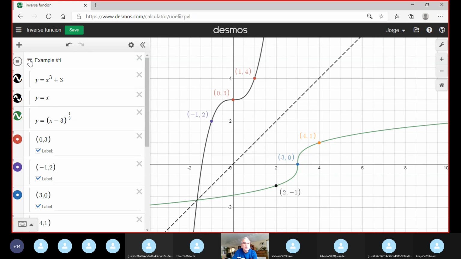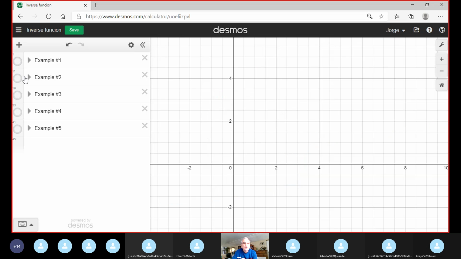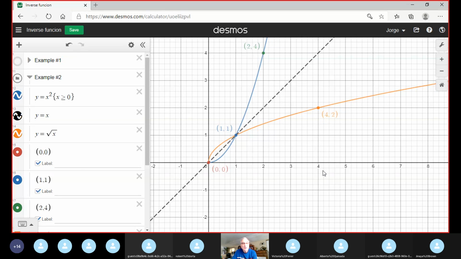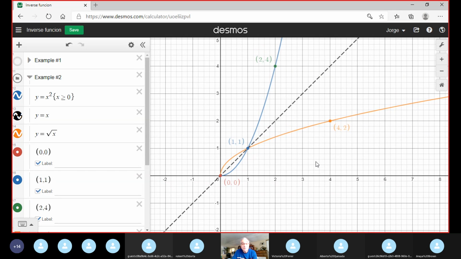I want to see example 2 now. Example 2 is, look at that. In Desmos, the restriction and specification using the curly bracket is x greater than or equal to 0. And the graph looks like that. Look, the blue is the graph of the square, and the orange is the graph of the square root.